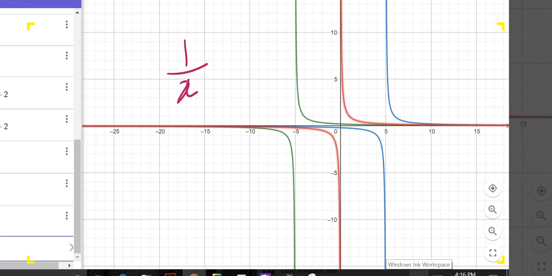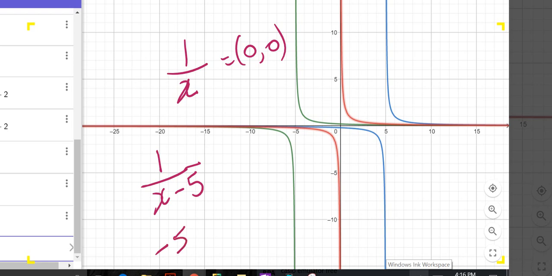So 1 over x, no asymptote, 0, 0, my origin. If I have 1 over x minus 5, what's happening? Minus 5 is smaller than 0. So where does it move? You see that tip of the arrow?